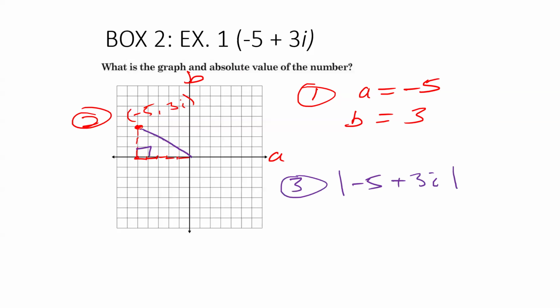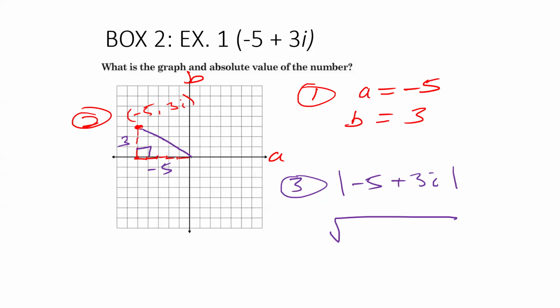And how do you find the distance of a right triangle? The hypotenuse. a squared plus b squared equals c squared. So do you see the correlation here? To find our absolute value, we're simply doing the square root of our a, which was -5, squared, plus our b, which was 3, squared, because we're essentially looking for the hypotenuse.